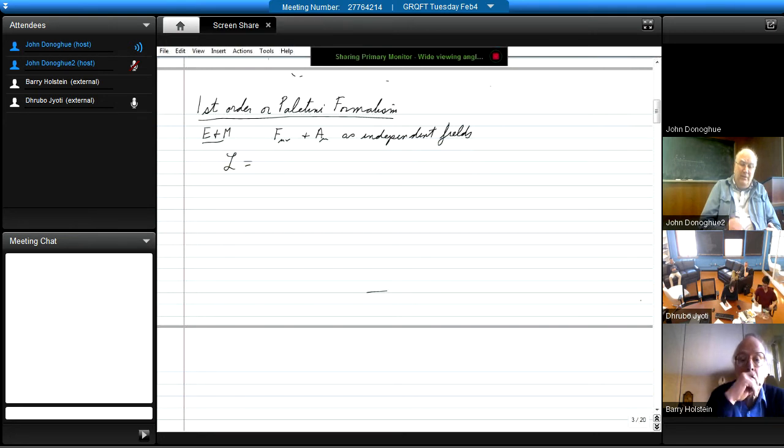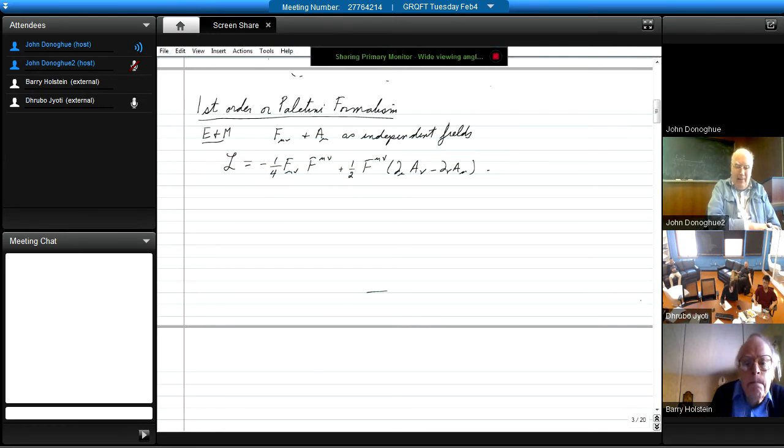Then we would write out the Lagrangian as minus a quarter F mu nu plus 1/2, well, I have to couple the two of them together, D mu A nu minus D nu A mu. That's a unique way to couple them together. And then minus A mu J mu.